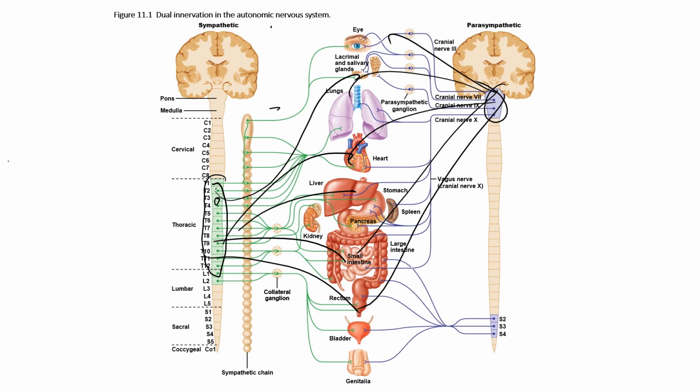You'll notice they travel to the exact same organs. The point is, most organs are innervated by, synapse with, both sympathetic autonomic motor neurons that travel through our thoracic nerves and parasympathetic autonomic motor neurons that travel through our cranial nerves. And a great example of that is the heart.